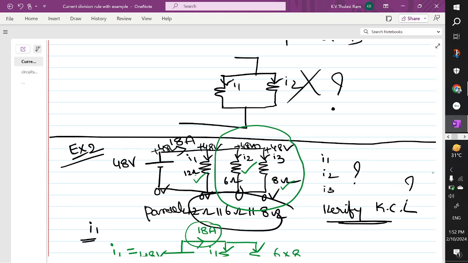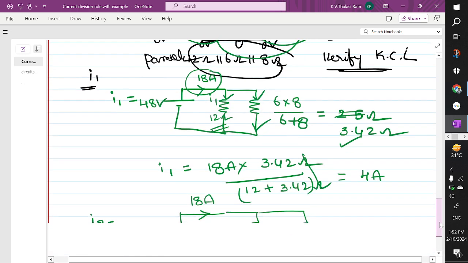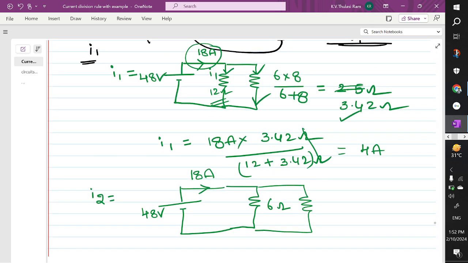The central limb is 6 ohms, and for the other we take the product of resistances divided by the sum of resistances, 12 into 8 over 12 plus 8. When you perform this, you get 4.8 ohms.